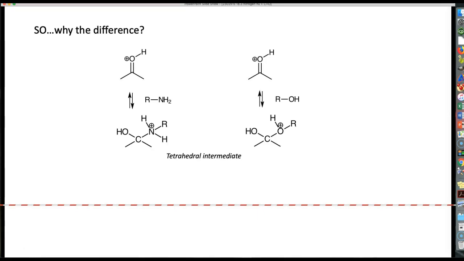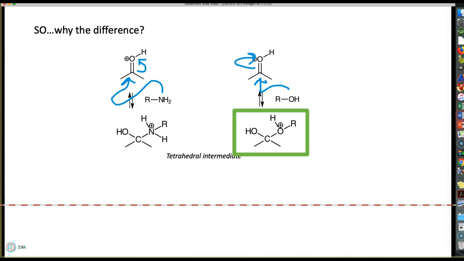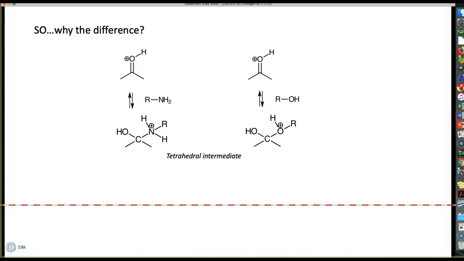Okay, well, in the presence of an acid catalyst, we will protonate our carbonyl, and as we would expect, our great nucleophile, either the amine or the alcohol, will react to give us the all-important tetrahedral intermediate. So far so good. Nothing new under the sun. All right, what does this tetrahedral intermediate do?